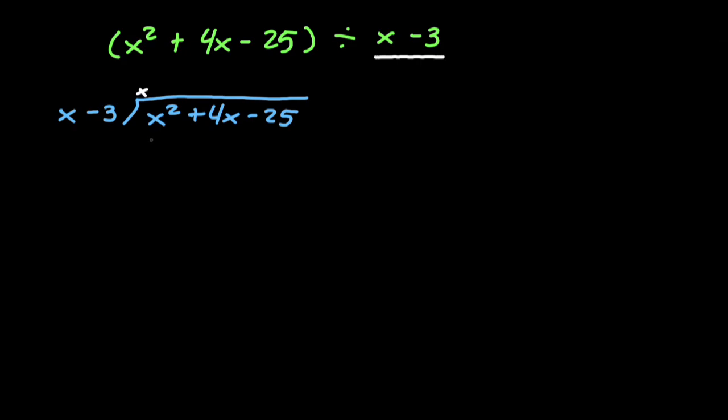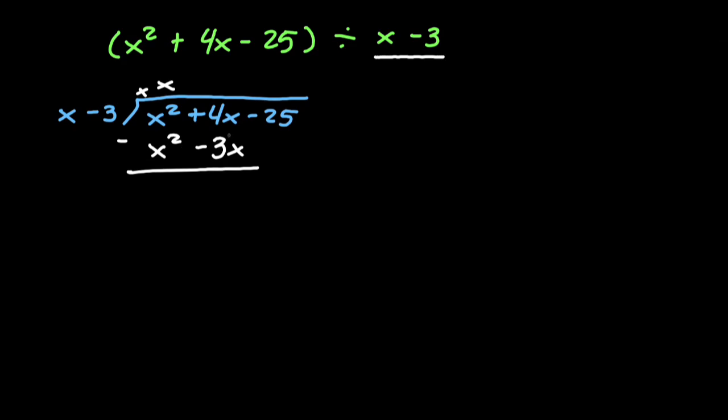So, x squared divided by x is x. And now, x multiplied by x would be x squared. And x multiplied by negative 3 would be negative 3x. Put a minus sign here. So x squared minus x squared would be simply 0.